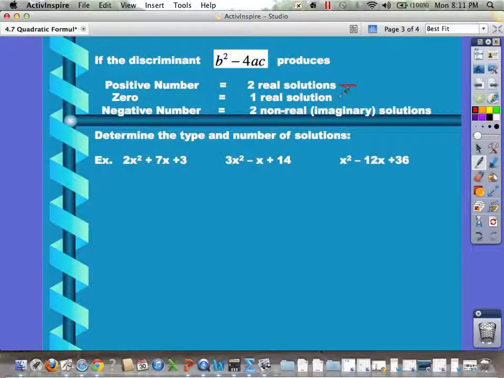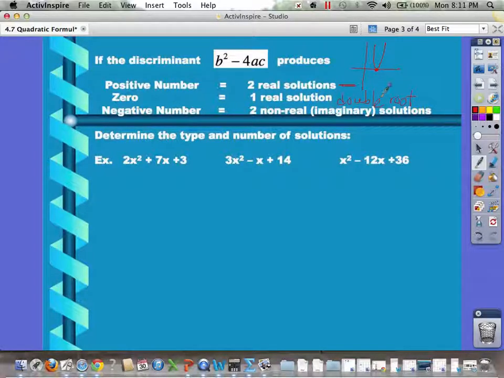What that ends up being is a double root, where it just goes down and touches the axis and bounces up. That is a double root right there.